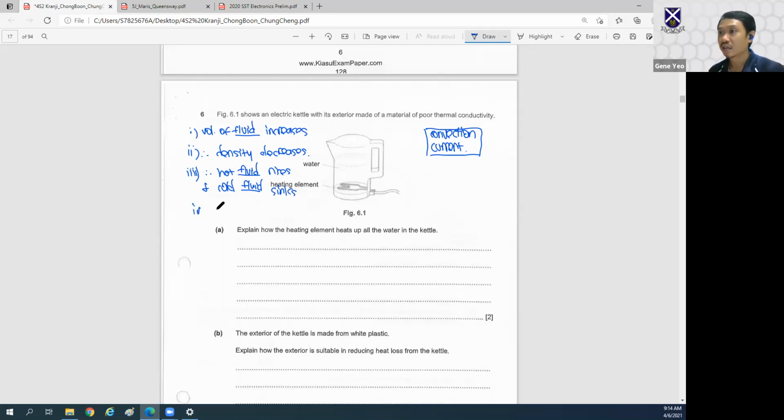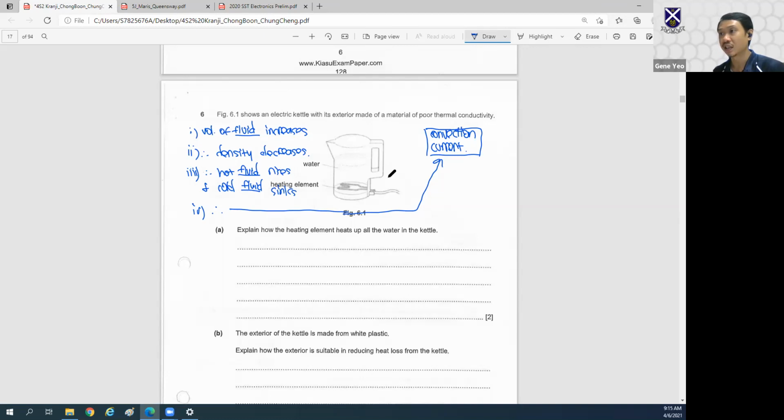And lastly, therefore, a convection current is set up. Okay, so every time you answer a question on how a fluid is heated up and so on and so forth, always talk about volume increasing, density decreases, hot fluid rises, cold fluid sinks because of the difference in density, and therefore the convection current is set up. So it must always go in this flow.